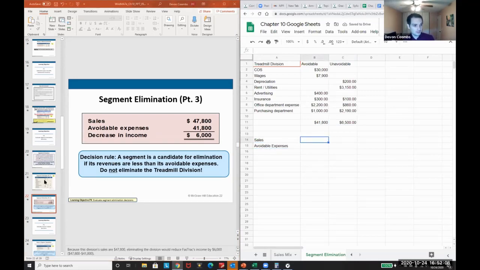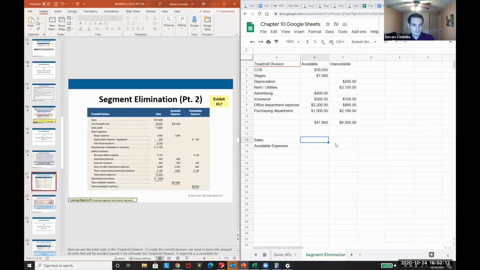What were our sales up here? Our sales were 47,800. That's how much we'd make. But our avoidable expenses are 41,800. So if we actually remove this division, we'd have a loss of income of 6K if we remove the division.